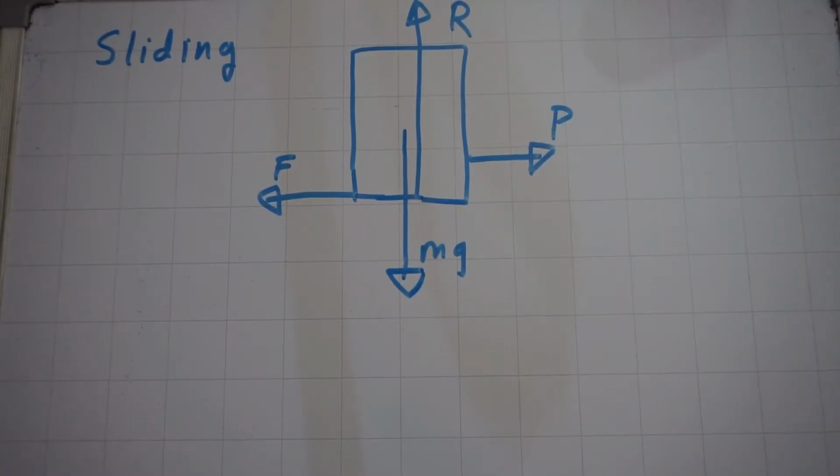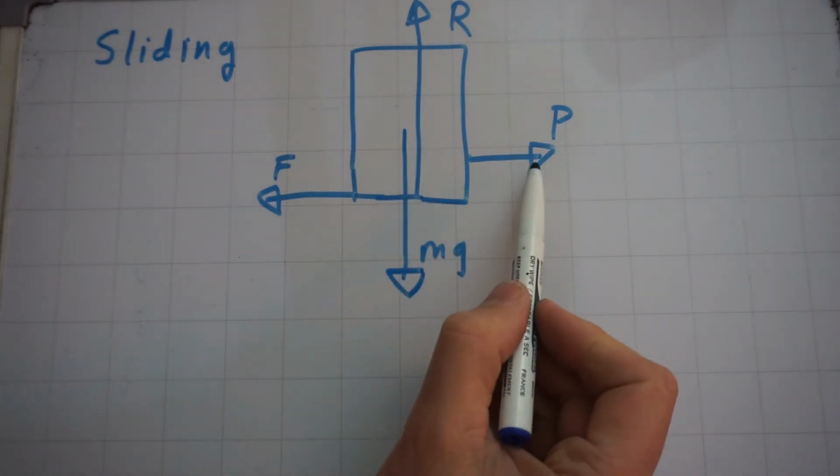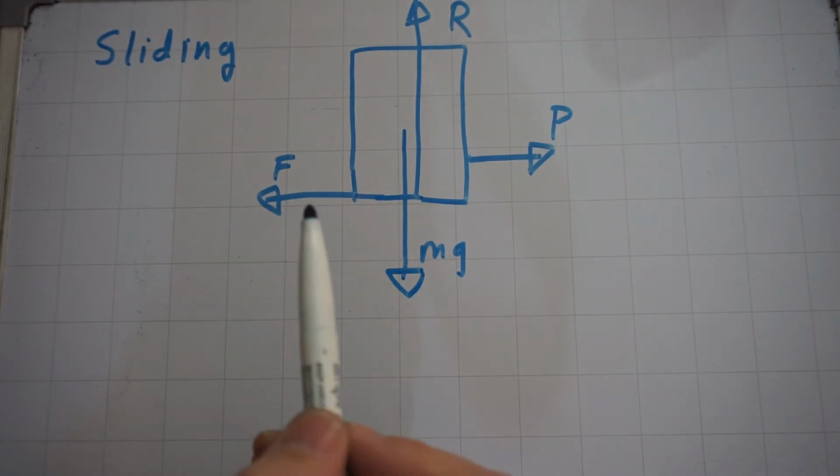When the rubber is on the point of sliding, these are the forces that are acting: the weight, the normal reaction, the force that I was applying with the pencil, which I will call P, and the friction force.